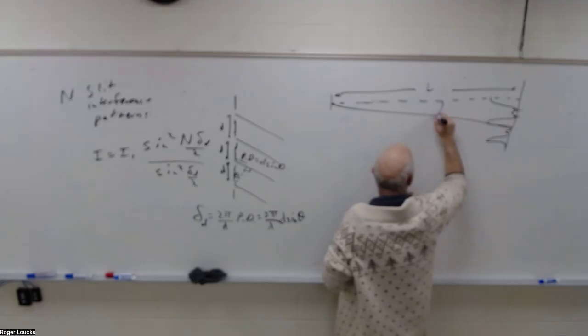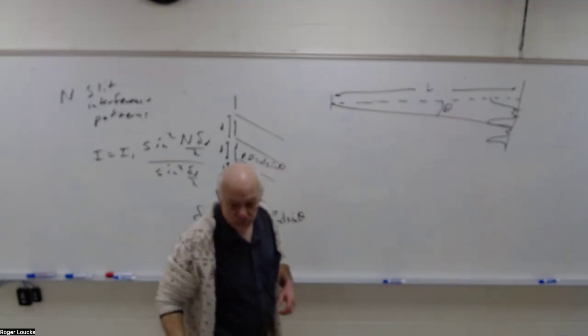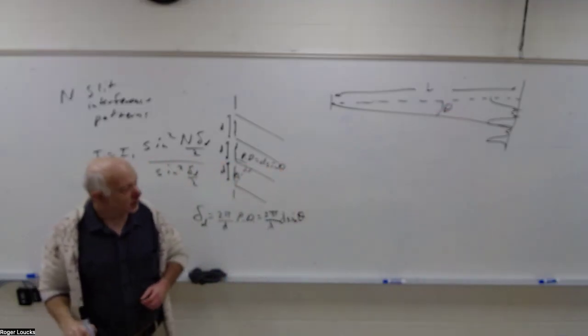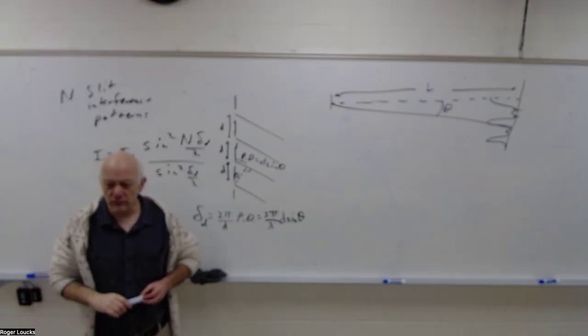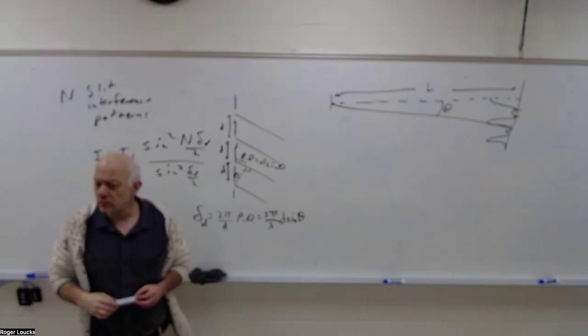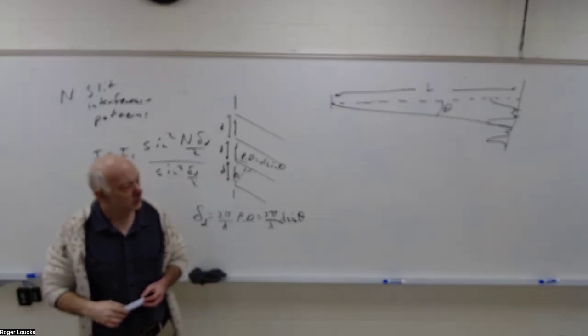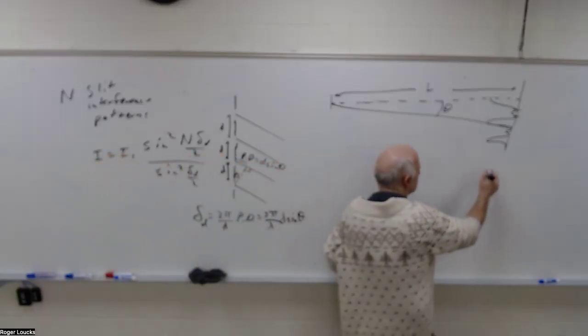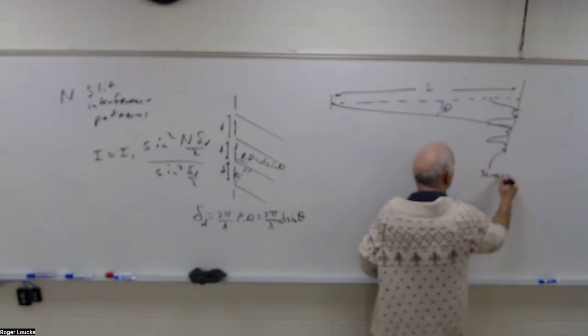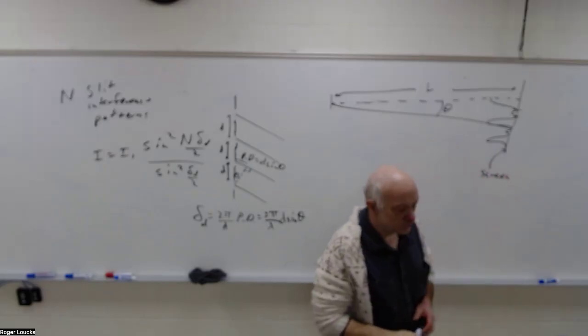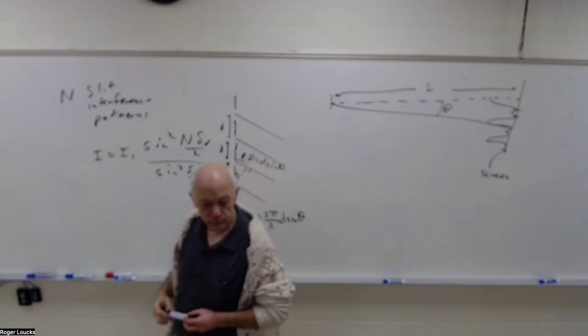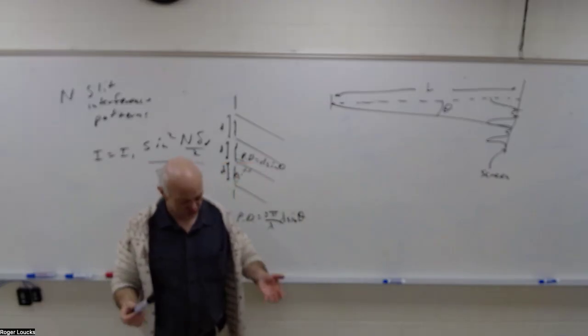From here to here, this is my theta. If you're in a lab, how would you go about calculating theta, where this is your screen? You could take measurements with a yardstick.